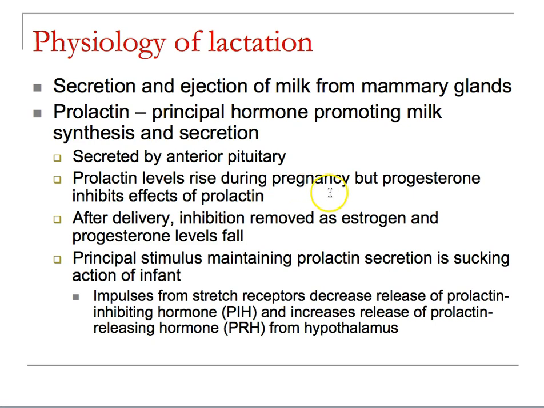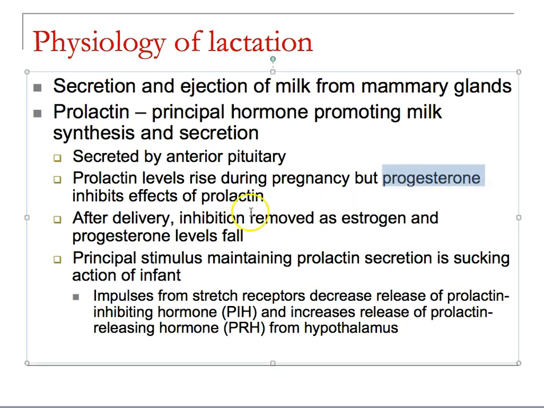But notice something here: progesterone, which we saw was higher than estrogen for the longest period of time, inhibits the effects of prolactin. So now that we have changed the concentration of estrogen and prolactin, once the inhibition has been removed, prolactin is now going to drive all of the reactions.